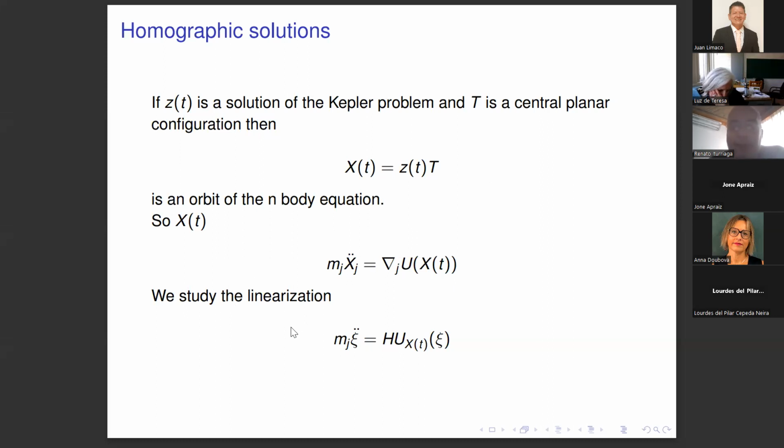This is the linearization of this equation. It is a second order differential equation, linear, depending on time. So we want to study this equation.